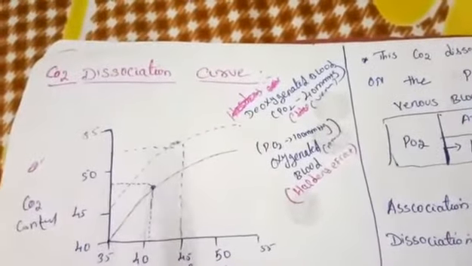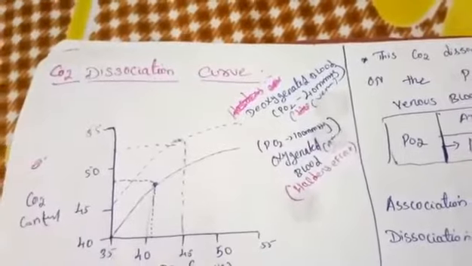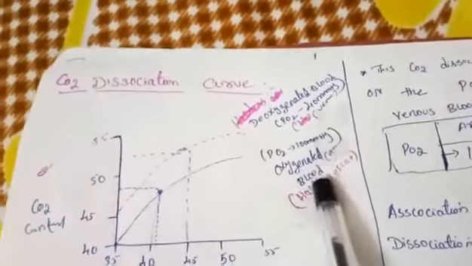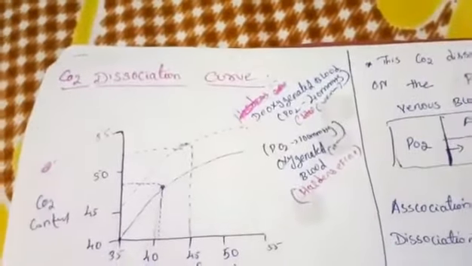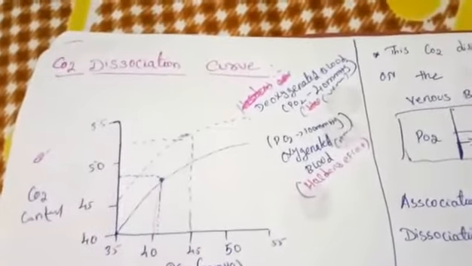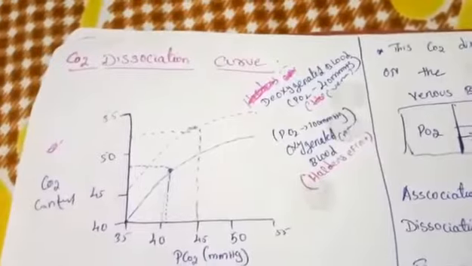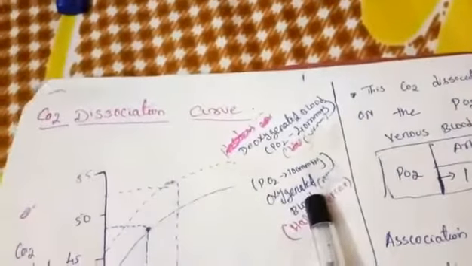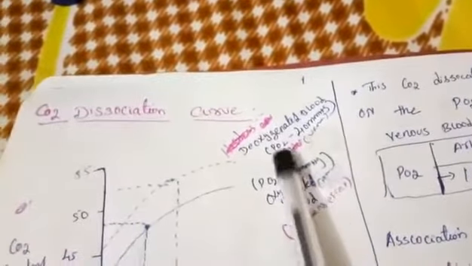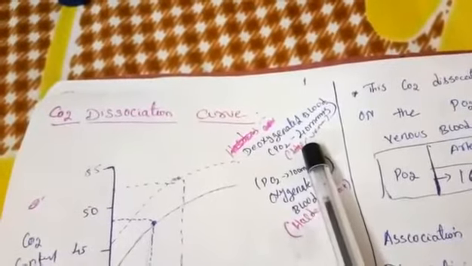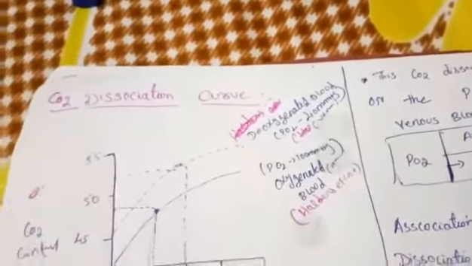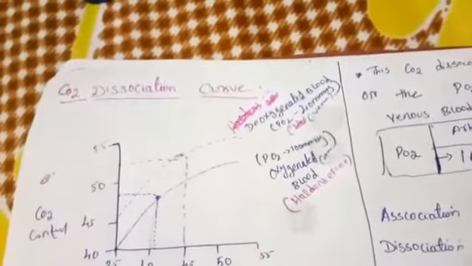To understand this, you also know about PO2 in oxygenated and deoxygenated blood. Oxygenated blood means the oxygen content is more. The partial pressure of oxygen is 100 mmHg, whereas in deoxygenated blood the partial pressure of oxygen is 40 mmHg. Based on this, we'll draw the curve in linear form.